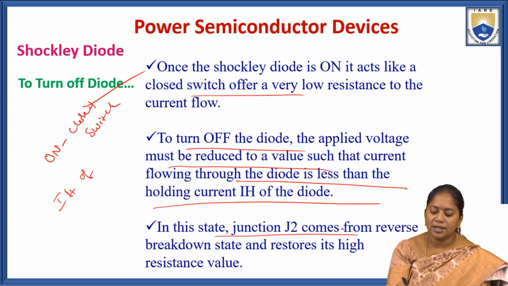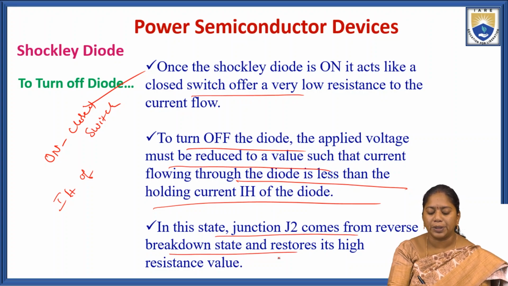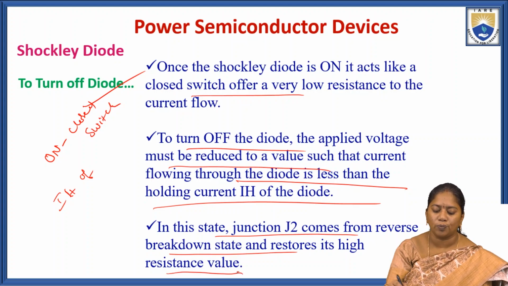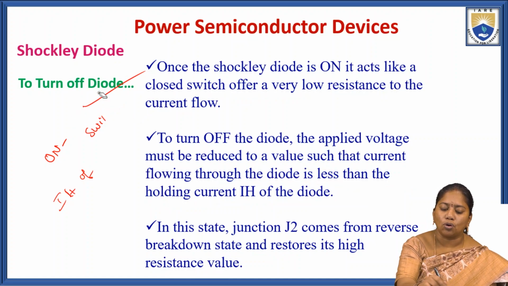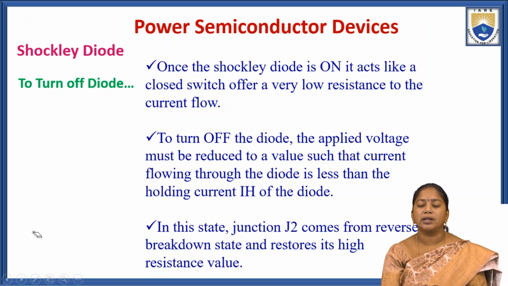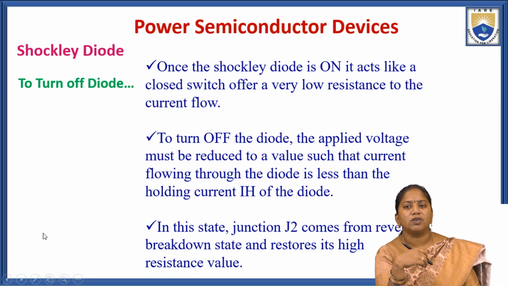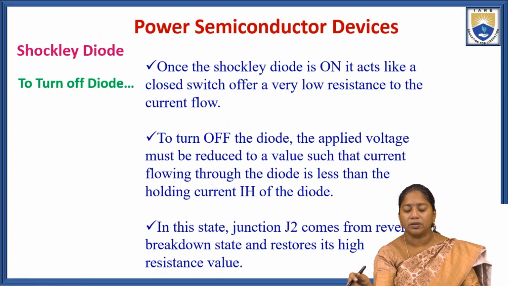In this state, junction J2 comes out of the reverse breakdown state and restores its high resistance value. We already know that junctions J1 and J3 are forward biased and J2 is reverse biased. So junction J2 comes out of reverse breakdown and restores its high resistance value, which means there is no current flow.